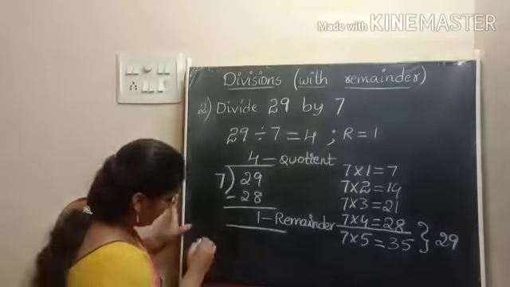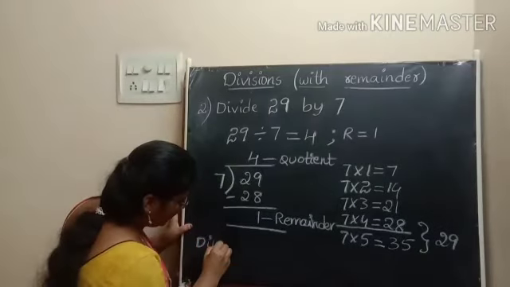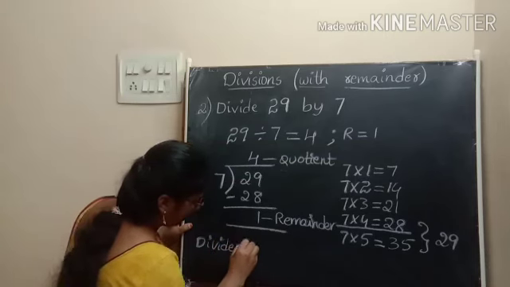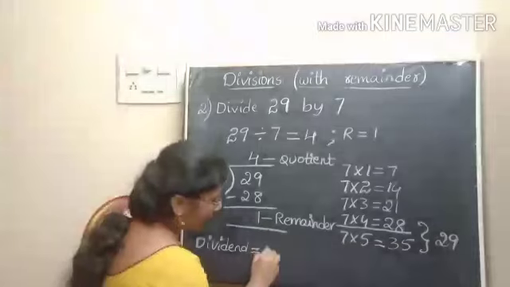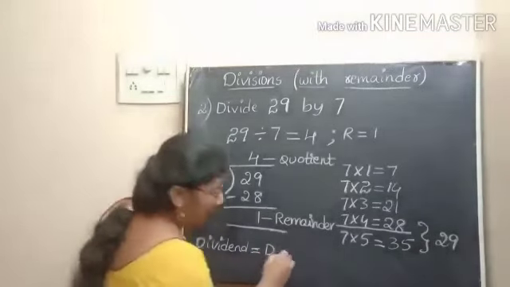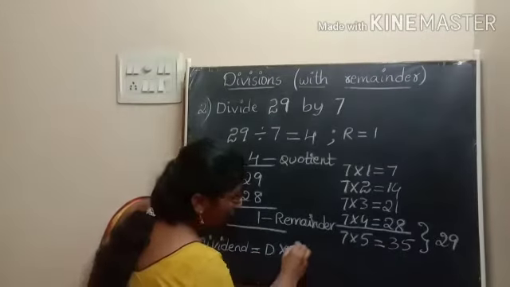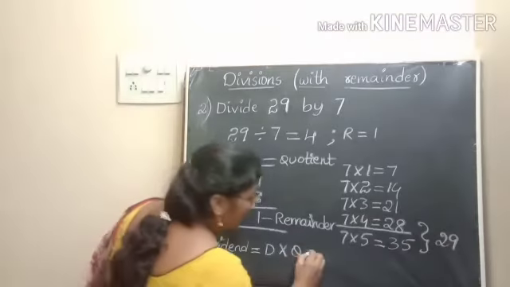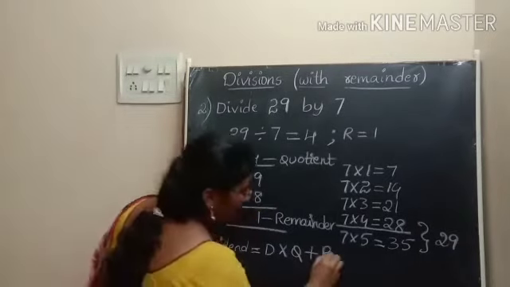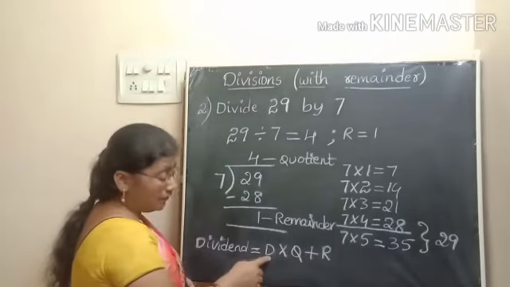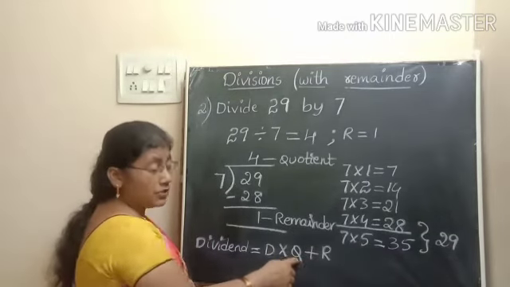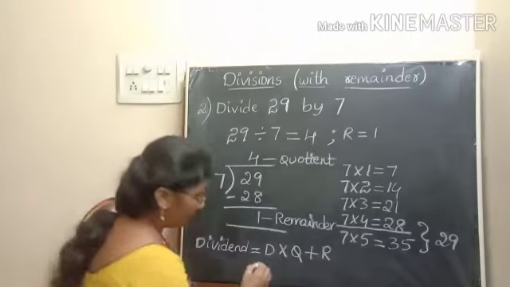Dividend is equal to, I am taking short form, D for divisor into Q for coefficient plus R for remainder.